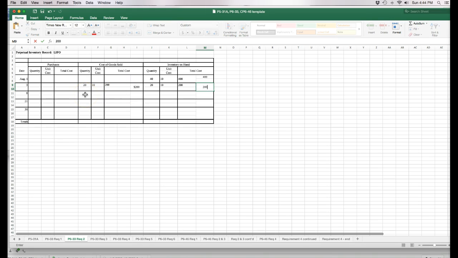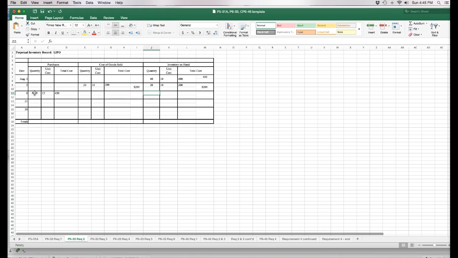Now on August 8th, we made a purchase of 30 units. And again, just as in the example before, the price went up. What we used to get at $10, now we're getting at $15. It's costing us more to purchase these units, so that's a total cost of $450. We didn't sell anything, we purchased, so we just skip over the cost of goods sold, but we have changed our inventory on hand.